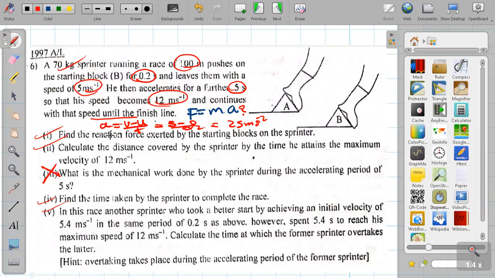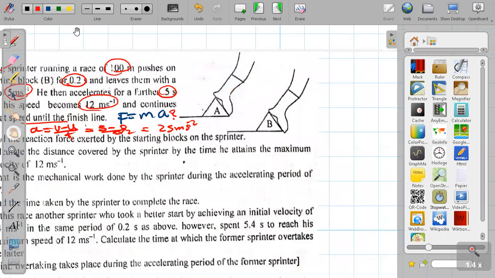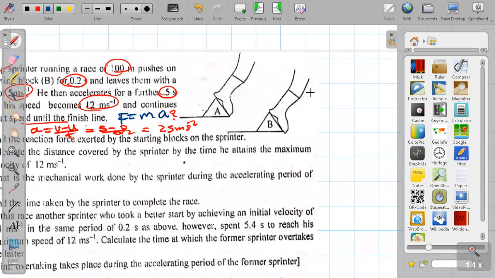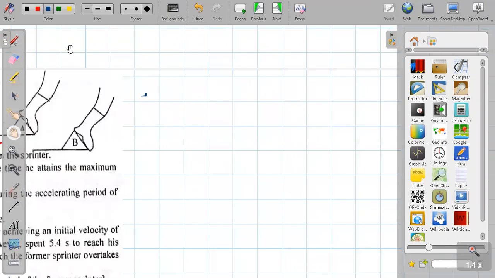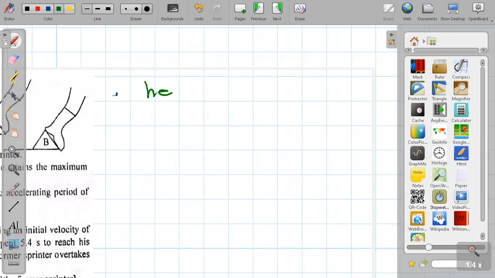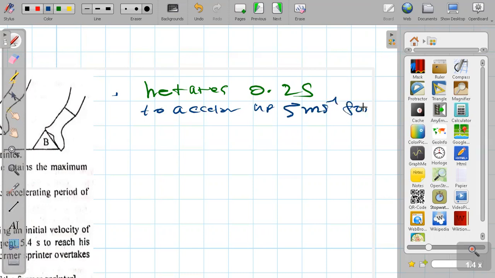So what is the force for this part only? F equals ma. He takes 0.2 seconds to accelerate up to 5 m/s from 0, right? So what is the change of velocity? v minus u over t.